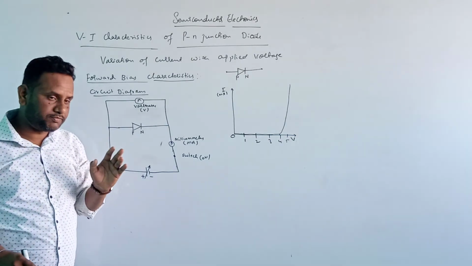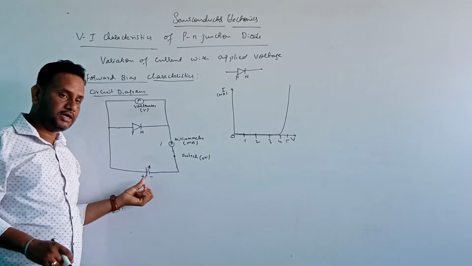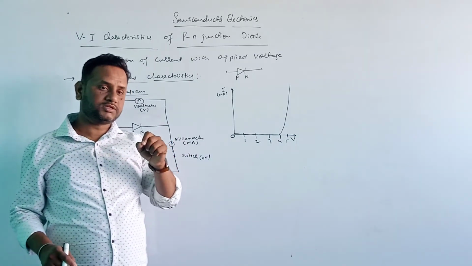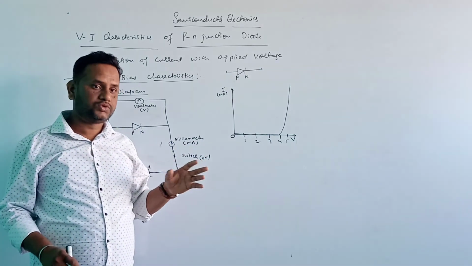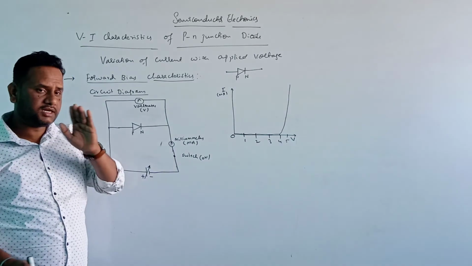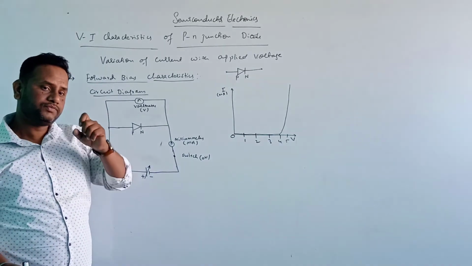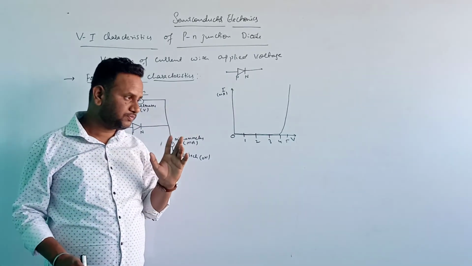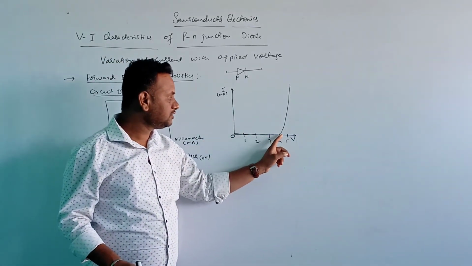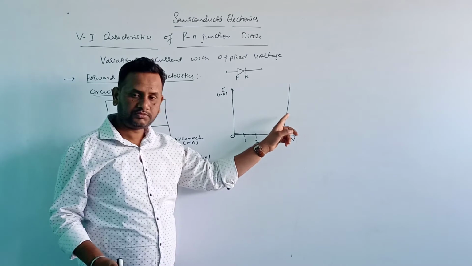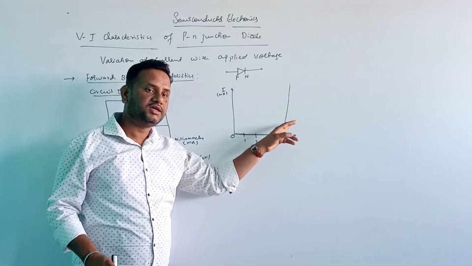In the beginning, when I am changing the voltage in the diode, the voltage will cross a certain value in the diode. At such a voltage, the current increases.